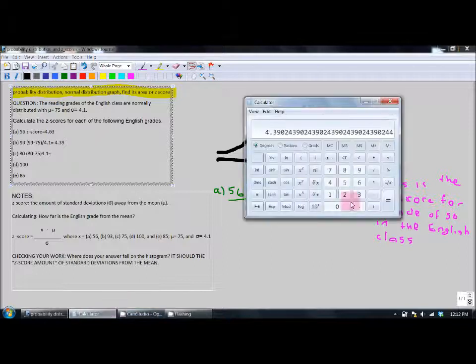You get 1.21, or 1.22 actually, about 1.22.